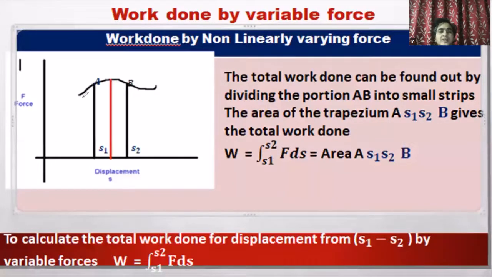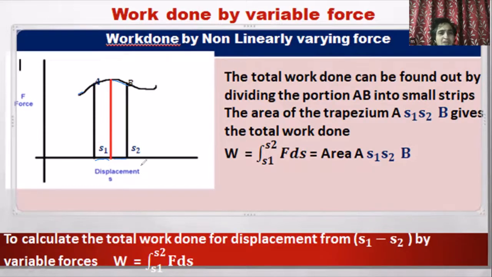Now suppose the variable force is like this. See, this is force axis, this is displacement axis. The force is varying like this. And when the force varies like this, the displacement done is say S1 here. So when the force is varying like this, the displacement done is this.